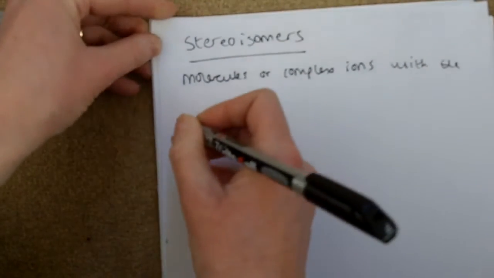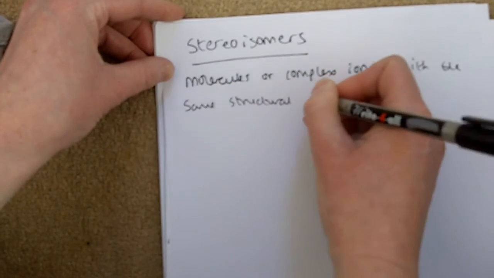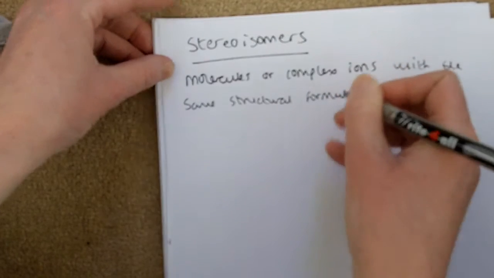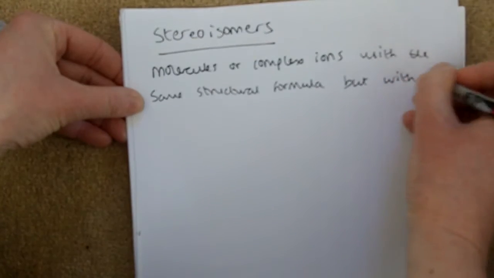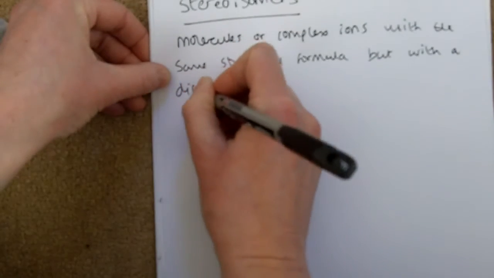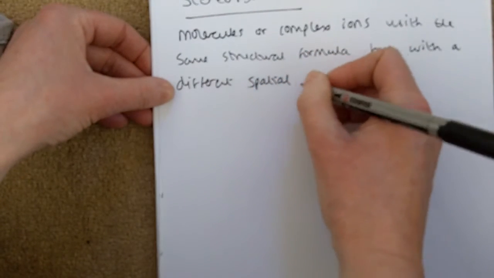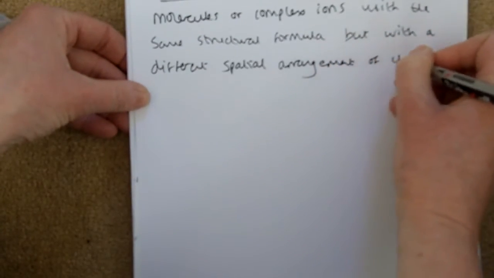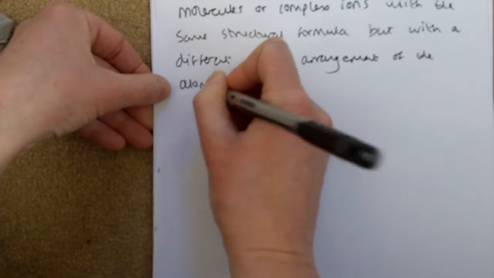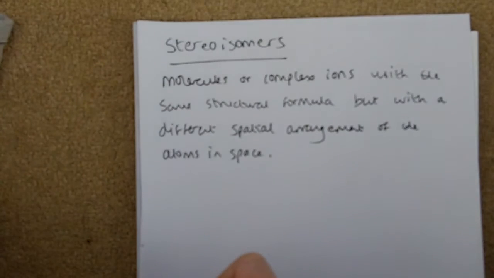Sorry, my writing's not very good, I think it's the pen. So stereoisomers: same structural formula, different spatial arrangement of atoms in space.